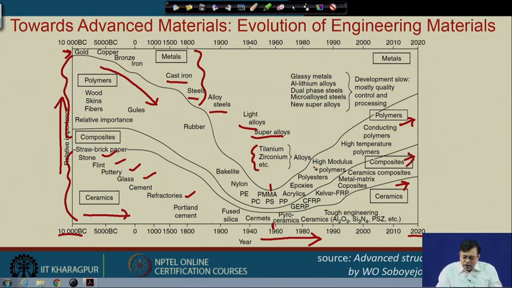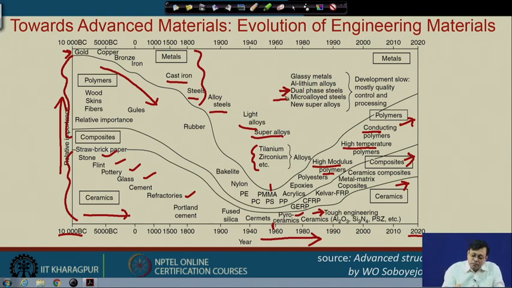So, here high modulus polymers, let us say transformation toughened zirconia, and pyroceramic have been developed, including some high temperature polymers and conducting polymers. But instead of plain carbon steel or mild steel, advanced steels like dual phase steel got some preference and were developed.